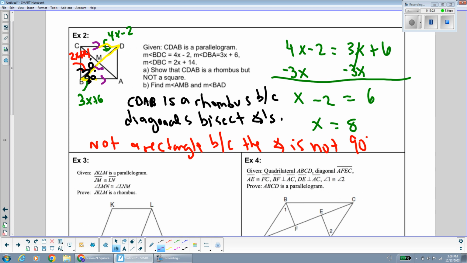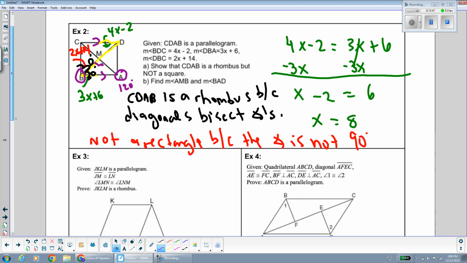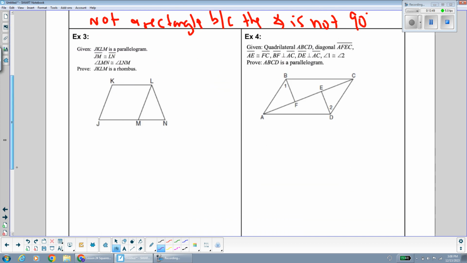So remember, consecutive angles are supplementary. So if the whole angle B is 60 degrees, this whole angle A needs to be 120 degrees because that's what makes 180 with 60 degrees. And the diagonals, oh wait, we don't even need to bisect it because it was just asking for the whole angle BAD. So the whole angle BAD is 120 degrees. That's angle A. Remember, consecutive angles of a parallelogram are supplementary.